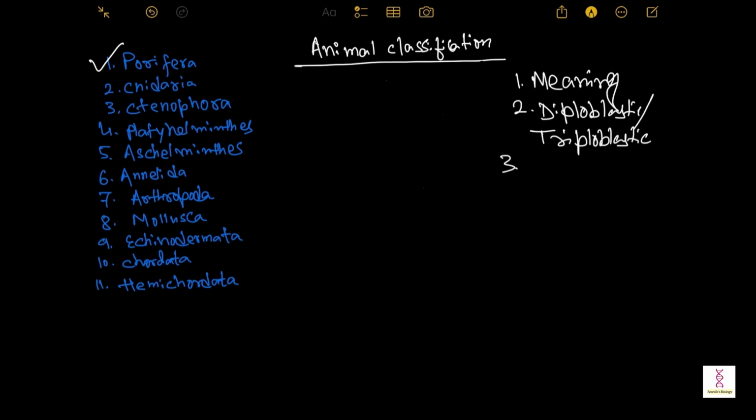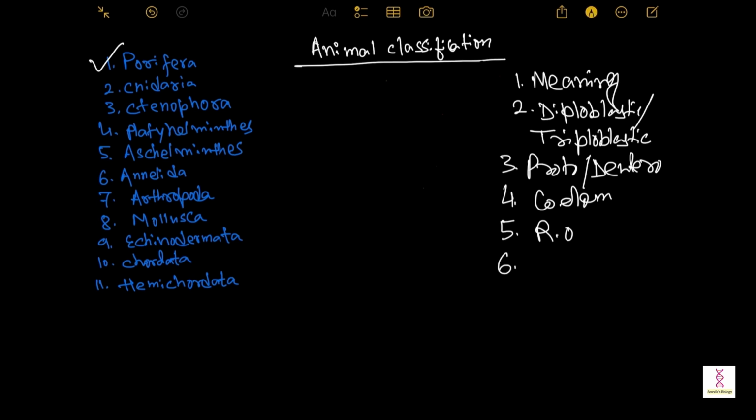The third one is whether they are protostomous or deuterostomous animals. The fourth one will be which kind of coelom is present, schizocoelic or enterocoelic, or acoelomate, pseudocoelomate or coelomate. The fifth point will be whether they have any special kind of respiratory organ or not.